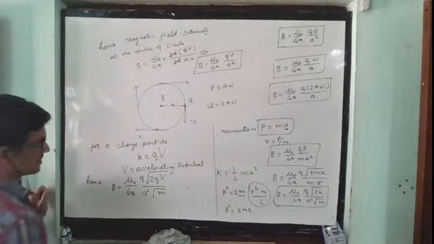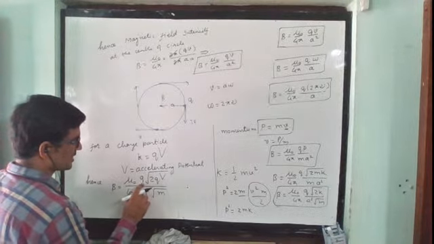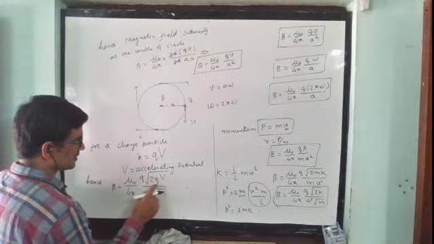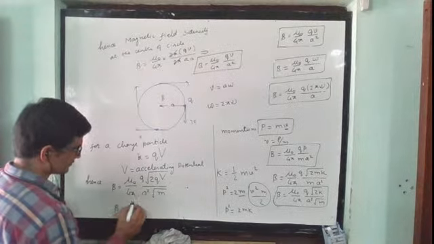Now just see here, B is proportional to Q raised to power 1 and a half, meaning 3 by 2.